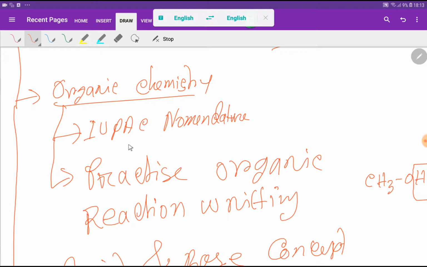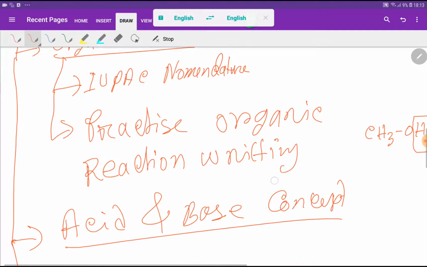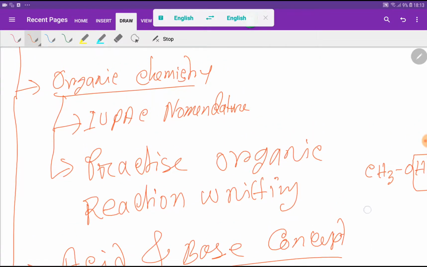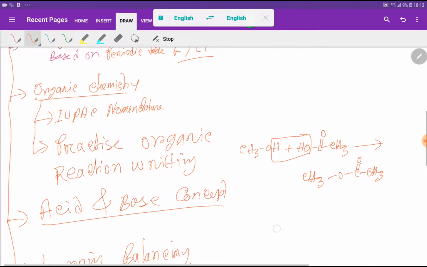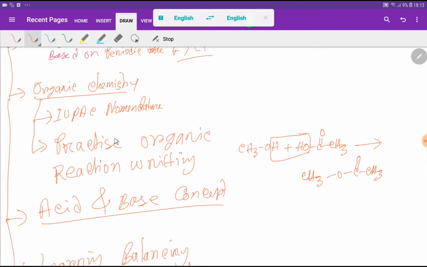That is, you have to have knowledge about IUPAC nomenclature for alkane, alkene, alcohol, ether, etc., right? Okay. So without knowing the IUPAC nomenclature of organic chemistry, you will not be successful in chemistry, right?